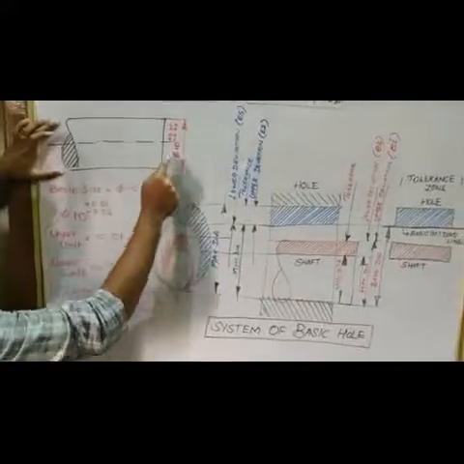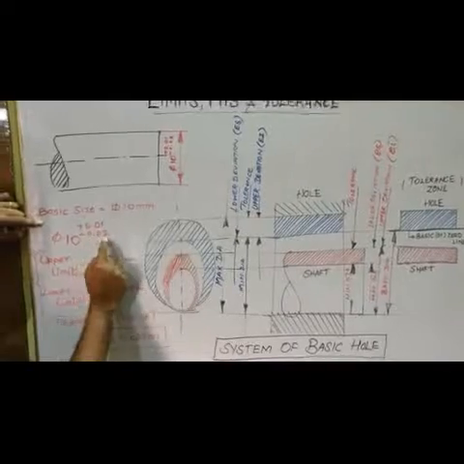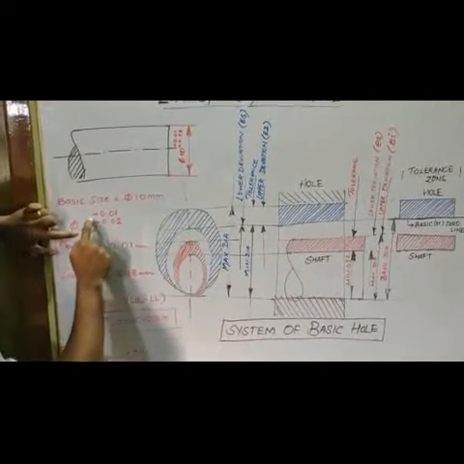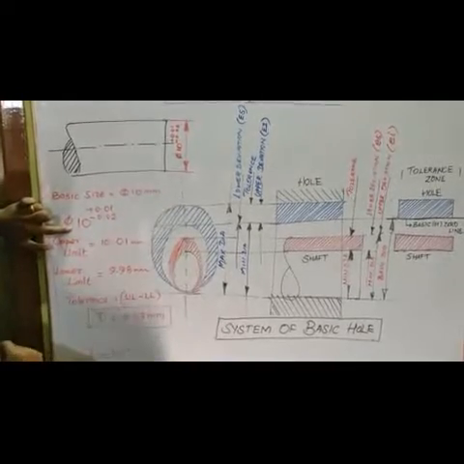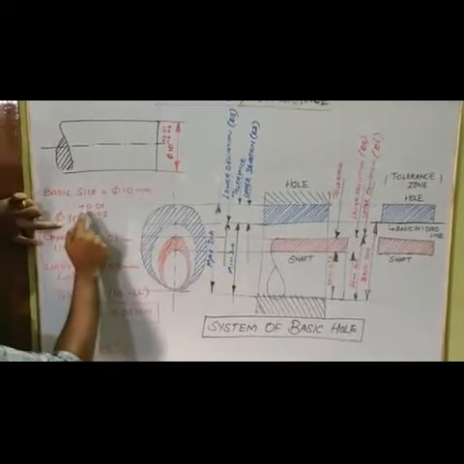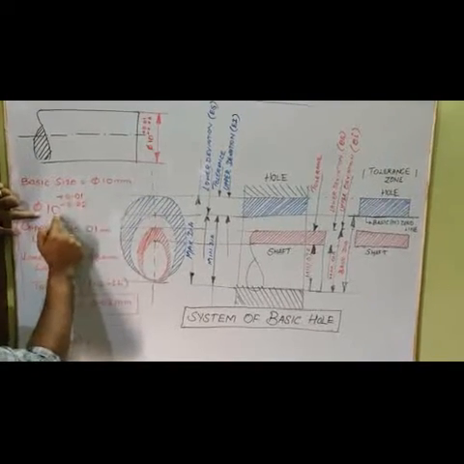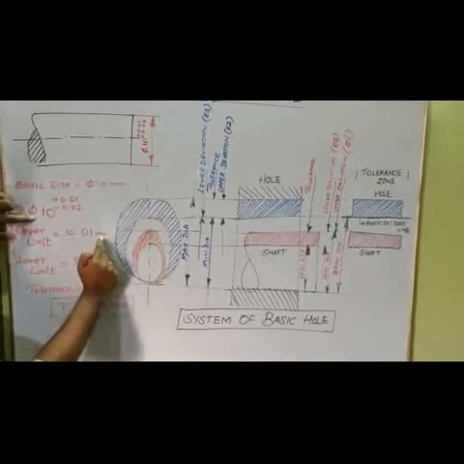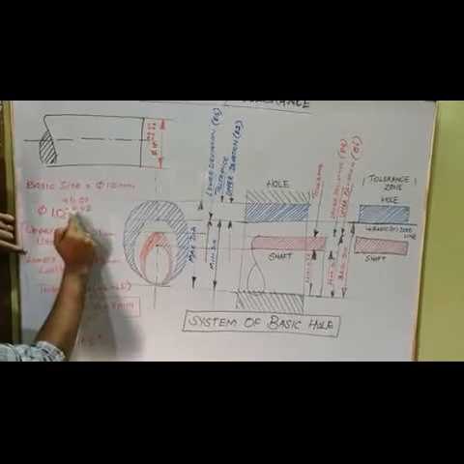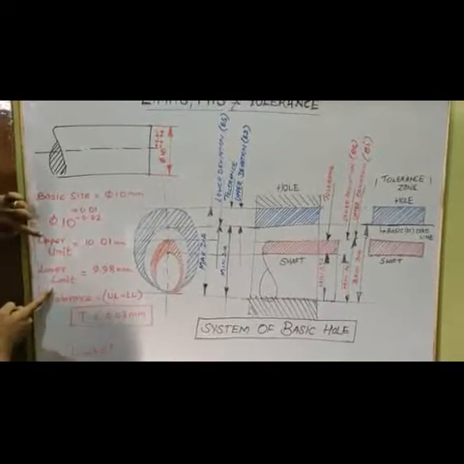So to know the upper limit of the shaft, you have to calculate the maximum material condition of the shaft, which means when the shaft is having maximum diameter at that positive area, that is your upper limit. So you add your upper limit to your basic size, that is 10.01 mm. For your lower limit, that is 10 minus 0.02, which will give you 9.98.